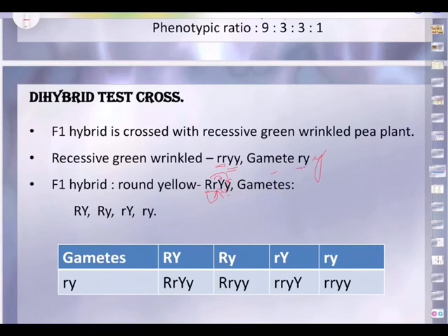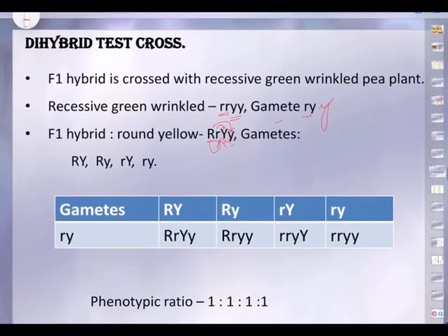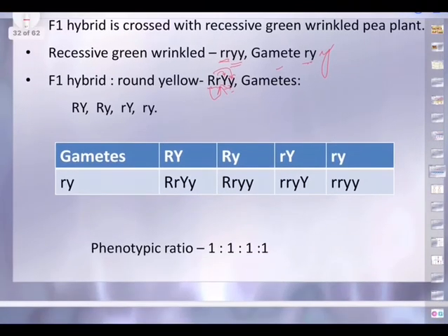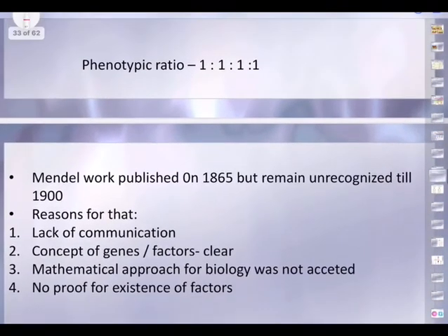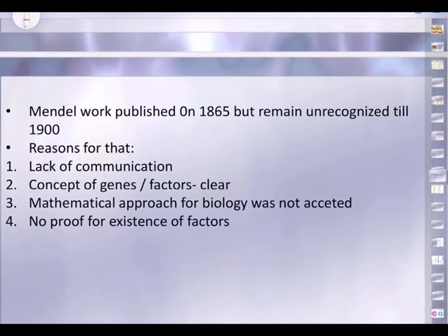And the possible gametes are 4, like capital R, capital Y, 1 gamete, capital R, small y, another gamete, small r, capital Y, another gamete, small r, small y. So the possible gametes are these. When we do the crossing, you get the phenotypic ratio 1:1:1:1. That's all. So this is how we get the dihybrid test cross also.